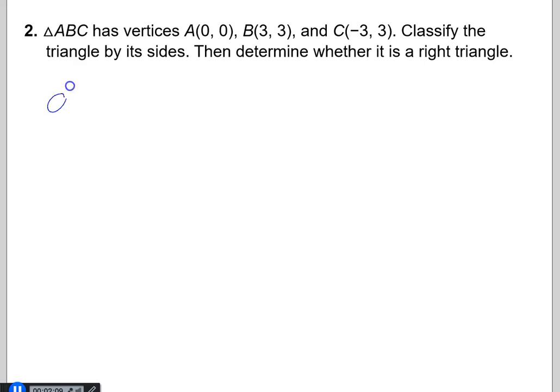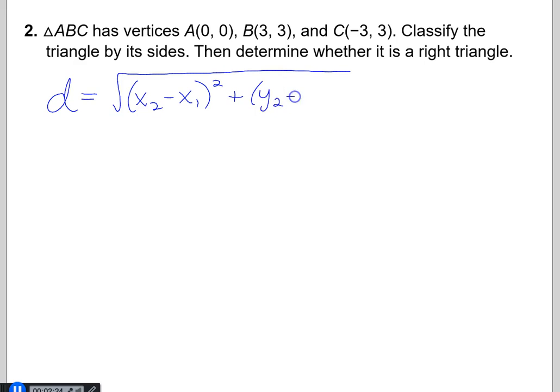So you may want to write this one down. Distance is equal to, this is a formula you learned last year, the square root of (x2 minus x1) squared plus (y2 minus y1) squared. This is actually a theorem that comes from the Pythagorean theorem, a squared plus b squared equals c squared.